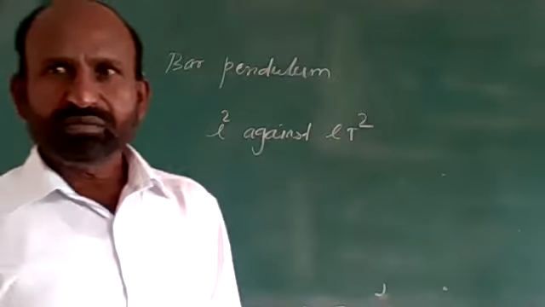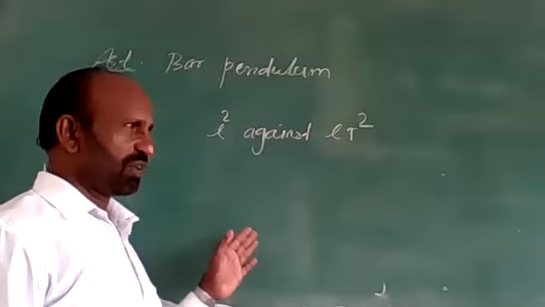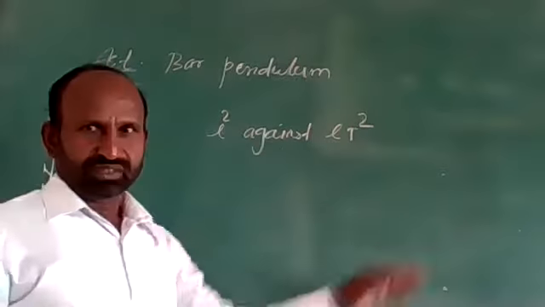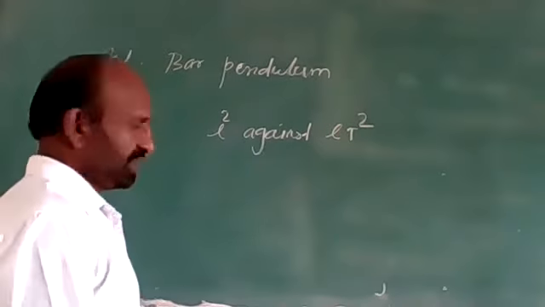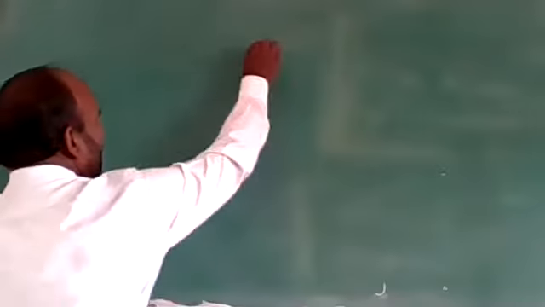So, by using this, I have already told you, we can plot a graph of period against distance, and the nature of the graph I have already discussed. I will repeat it again. The nature of the graph is like this.